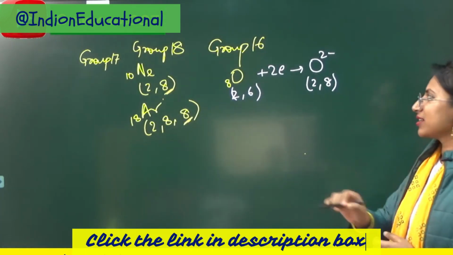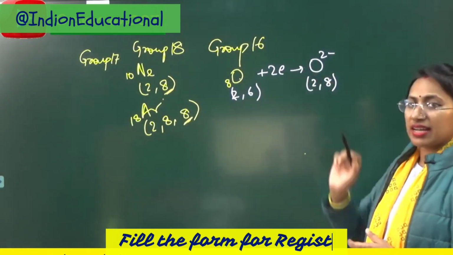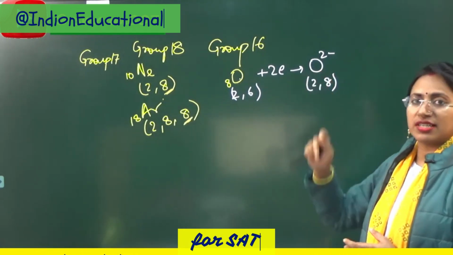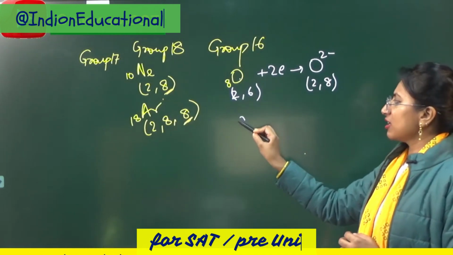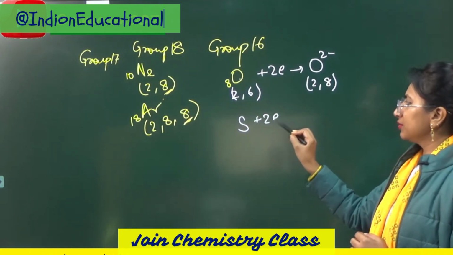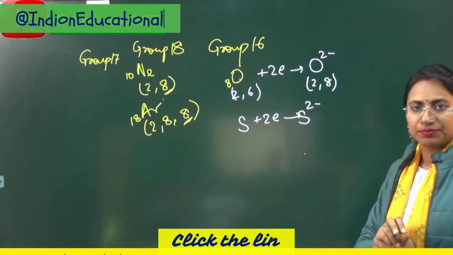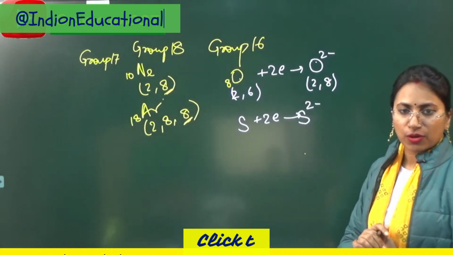This is the reason why, when we take the anion form of oxygen, the oxide state is usually O2 minus. And like this, sulfur also gains 2 electrons to form the S2 minus ion. This is the general sulfide, and this is the general oxide form.